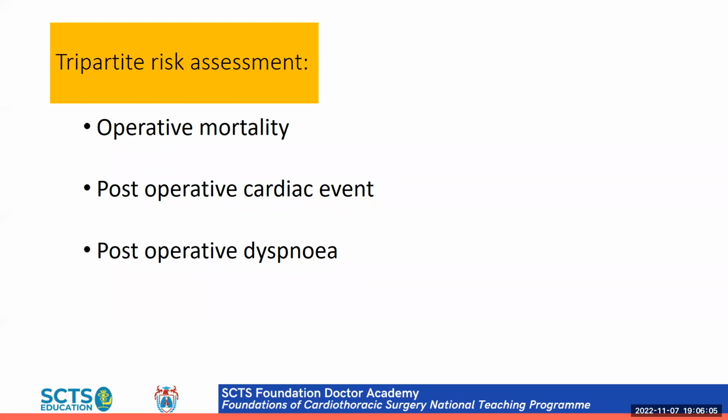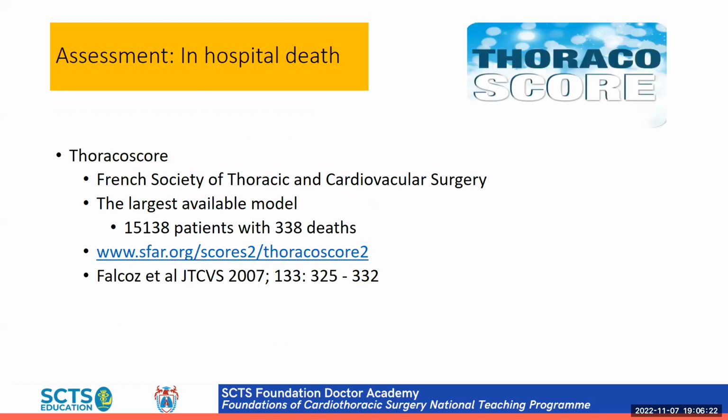Will they be very short of breath? Will they struggle? Will they end up on a ventilator? Will they need home oxygen? All of these things you have to be able to have a rough estimate of at the end of your consultation, but you might need further tests to get the answers that you want. So how do we calculate a mortality for the patient?